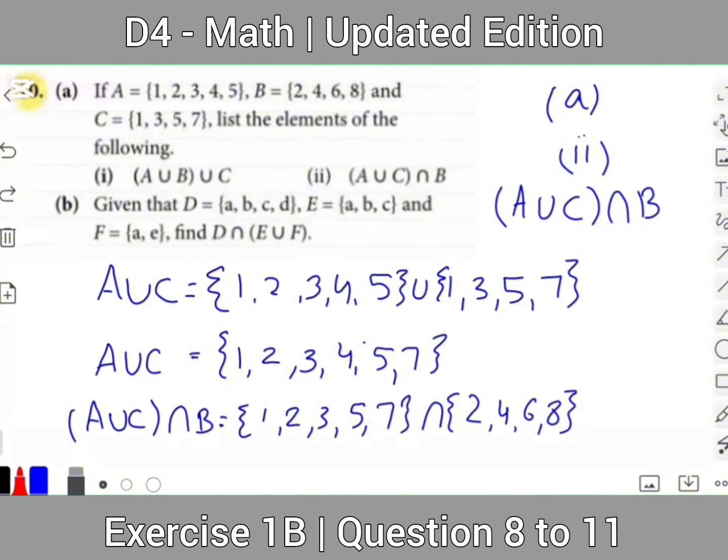So those elements are 2 and 4. So A union C intersection B is 2 and 4.